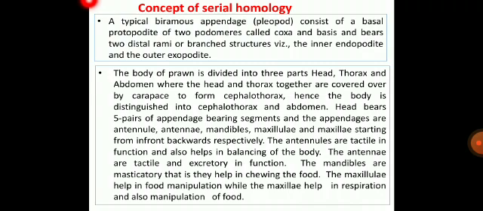The antennae are also tactile and excretory in function because of the presence of excretory pore in the coxa of this antenna. The mandibles are masticatory, that is they help in chewing the food, while the maxillulae help in food manipulation, while the maxillae help in food manipulation as well as respiration.